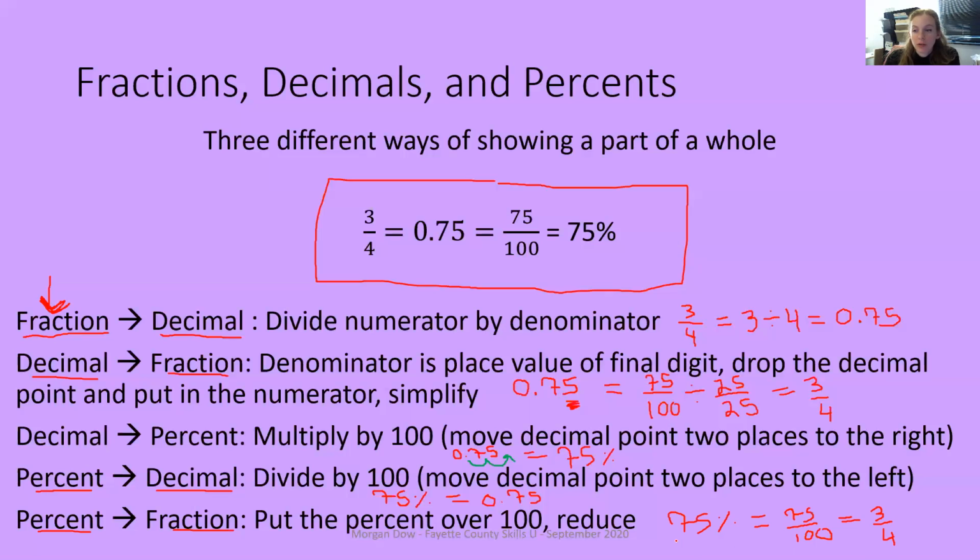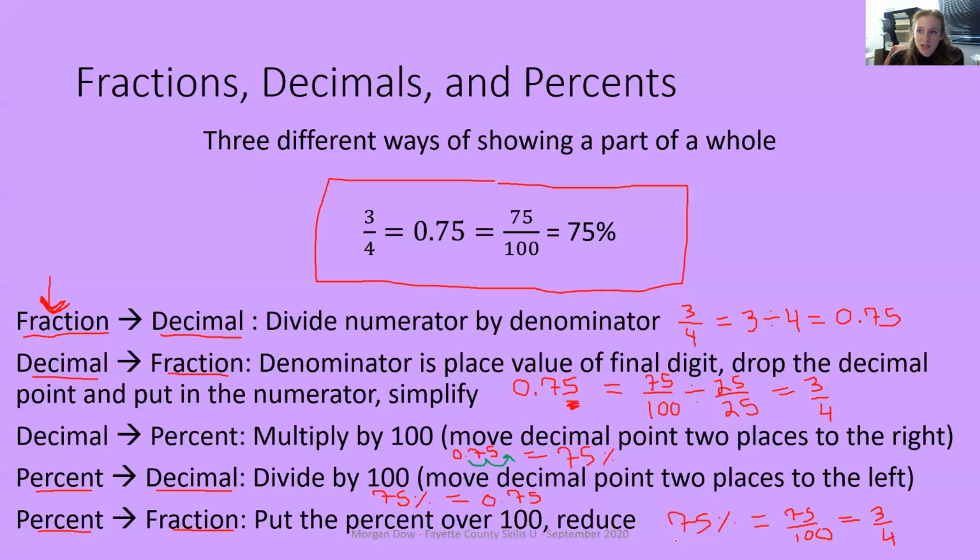Now, you're probably only going to want to take your percent and change it directly into a fraction if your percent's a nice whole number. If your percent includes any decimal stuff in it, you probably don't want to change it into a fraction because then you're going to have a decimal hiding inside of your fraction. It's going to make it trickier to simplify.